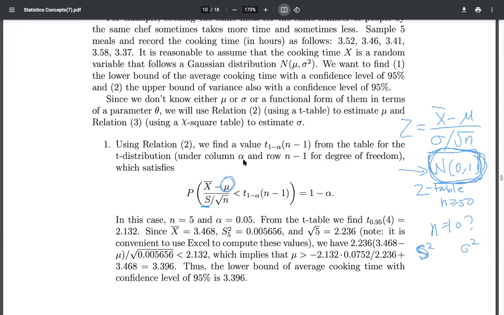But this time, instead of using the normal distribution, we have to use something called the student's distribution. We call it the T table or T distribution. So this is called the student's T distribution.